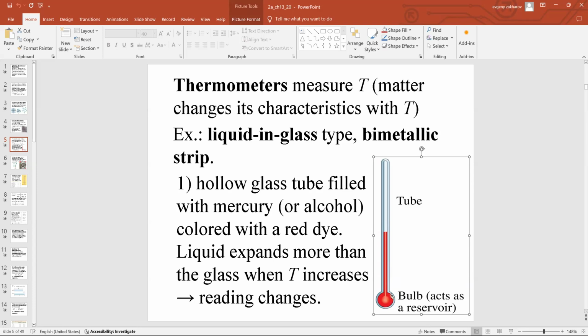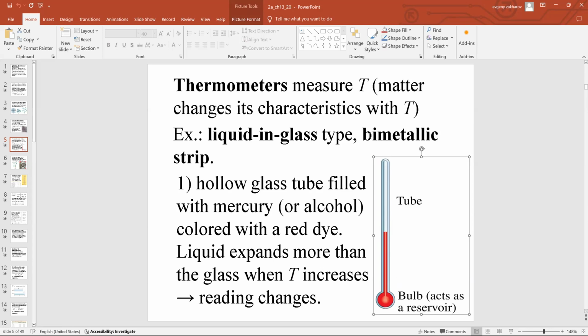Once you heat it up, the mercury expands and the level rises to a certain level that you can read through the thermometer and tell the temperature right away.